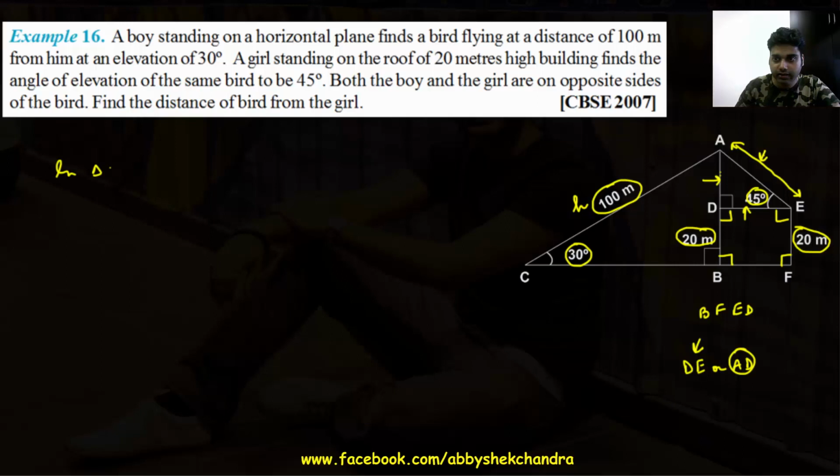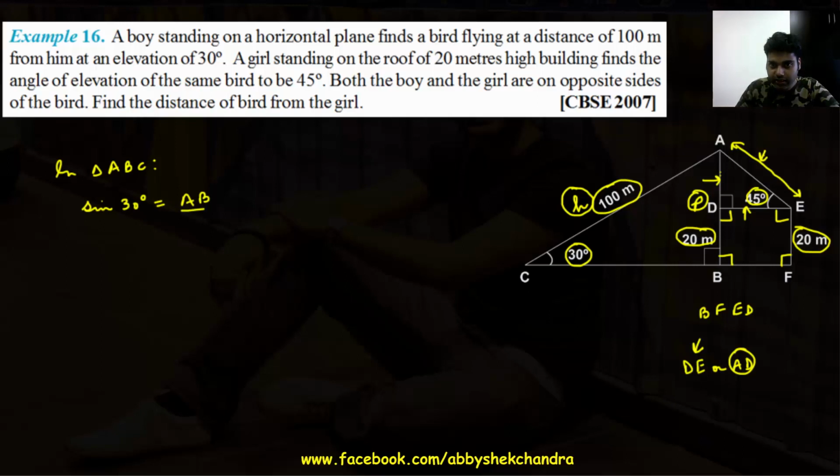So in triangle ABC, now which trigonometric ratio relates the hypotenuse and the perpendicular? That's sine, right? So we are going to take sine of the angle. Sine 30 degrees equal to perpendicular, which is AB.